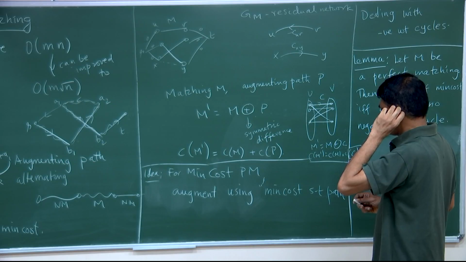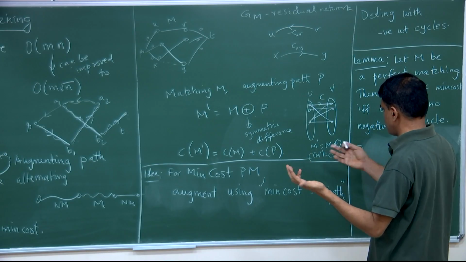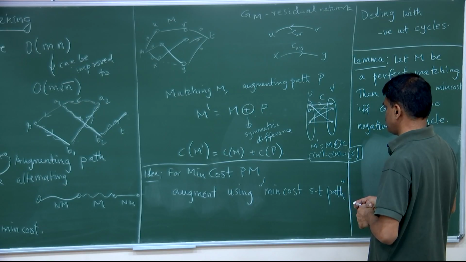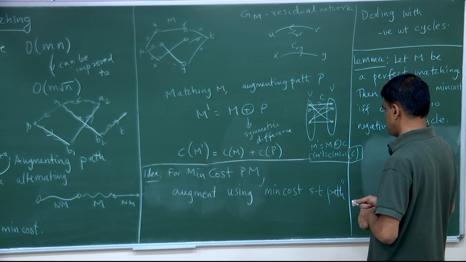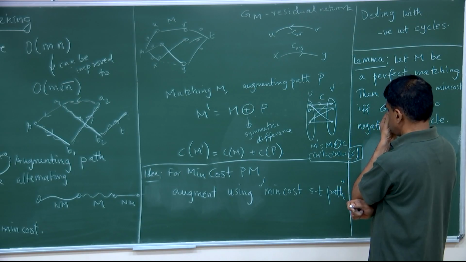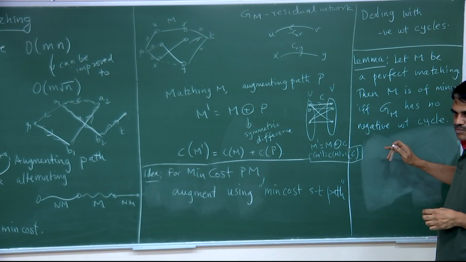One question is why would it be a matching? Every vertex will have degree exactly 1. Okay, I know I'm dealing with perfect matching. Okay, good. I think we're working with perfect matching.